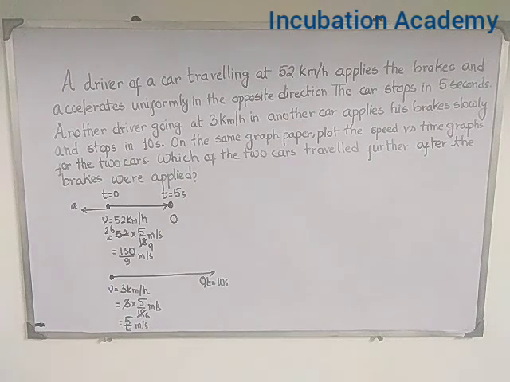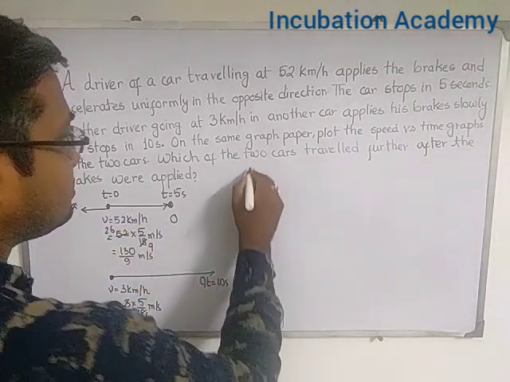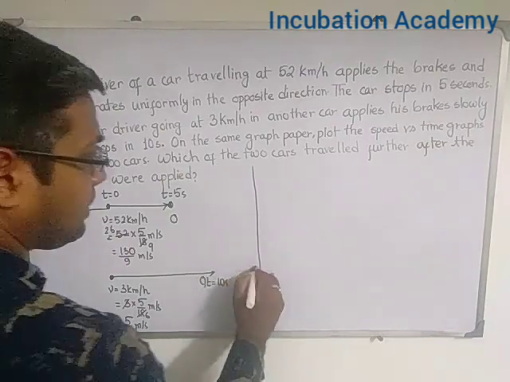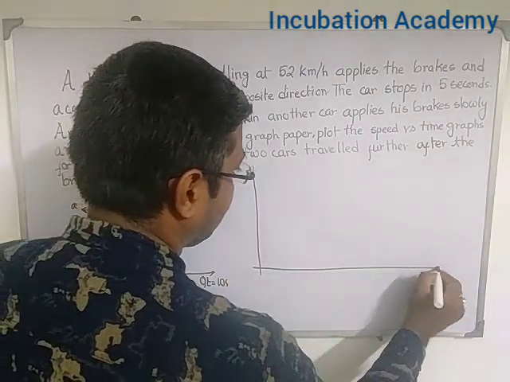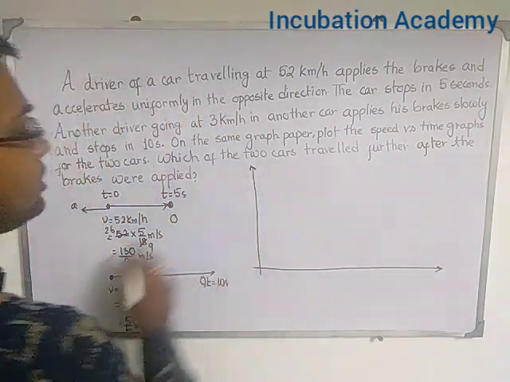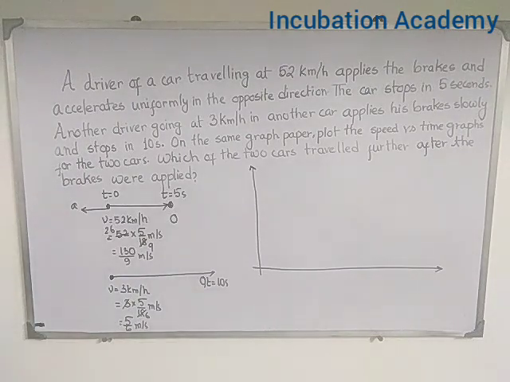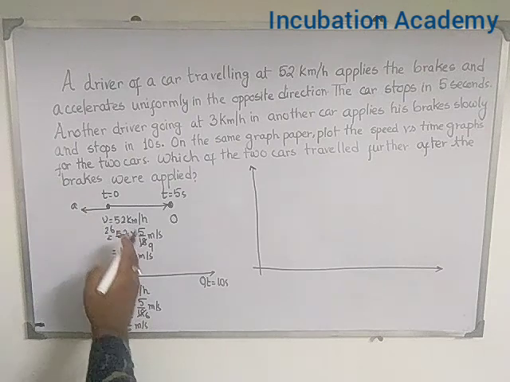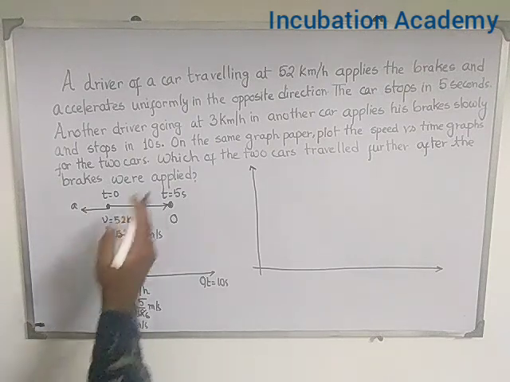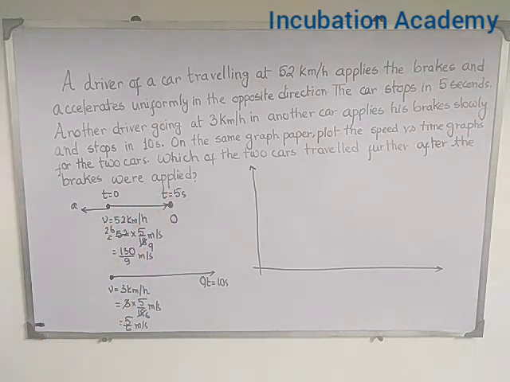On the same graph paper, plot the speed versus time graphs for the two cars. I have to bring all of these things in the same unit system. If I bring the velocity in meter per second and the time in second, then it will be okay.